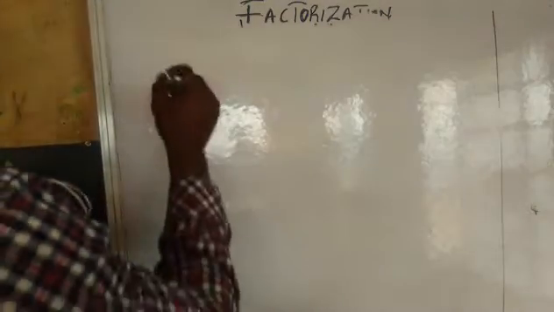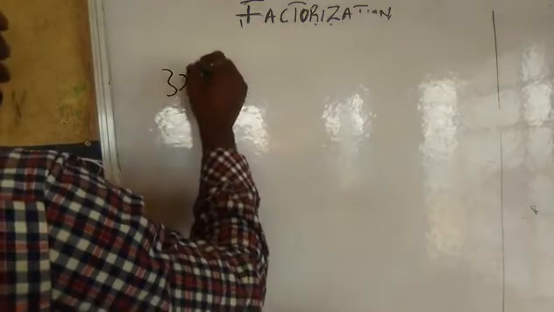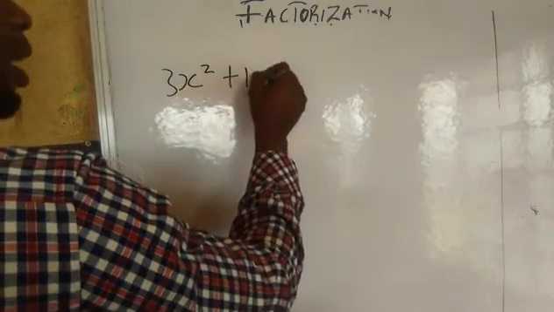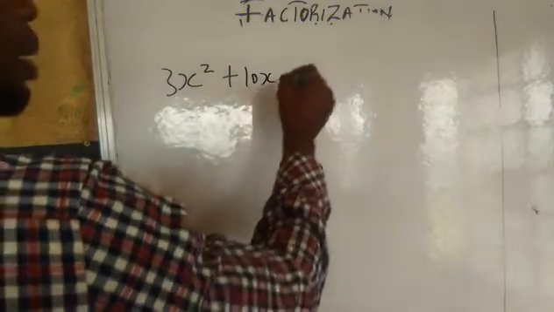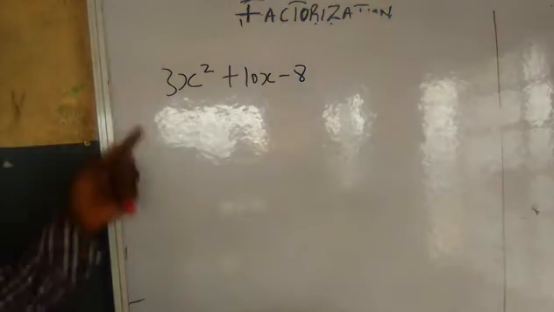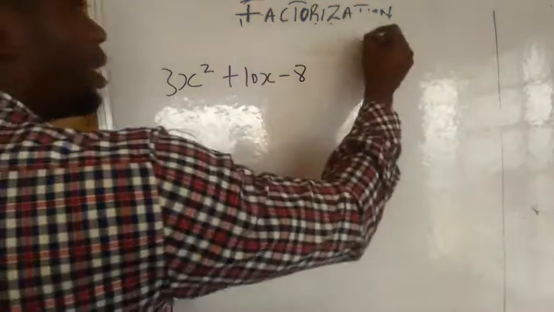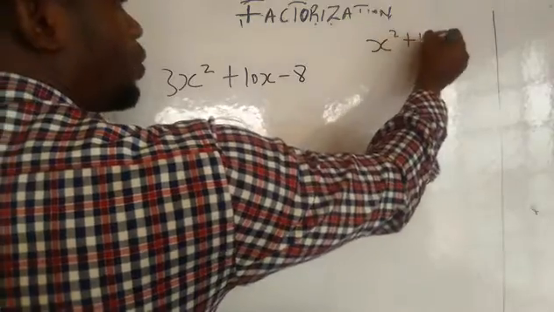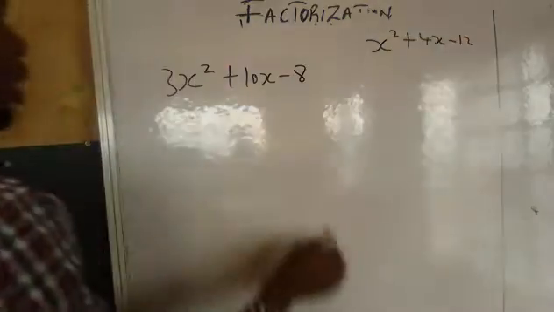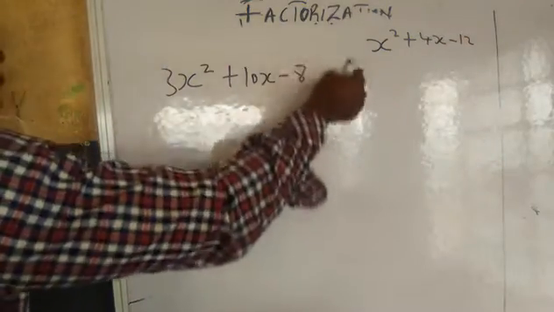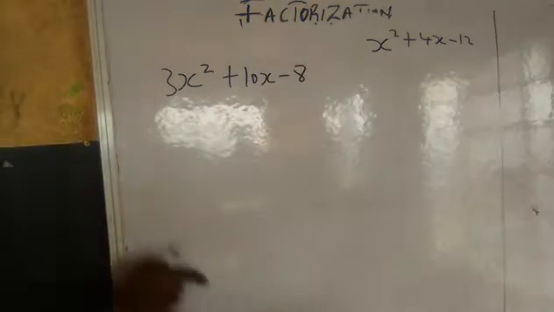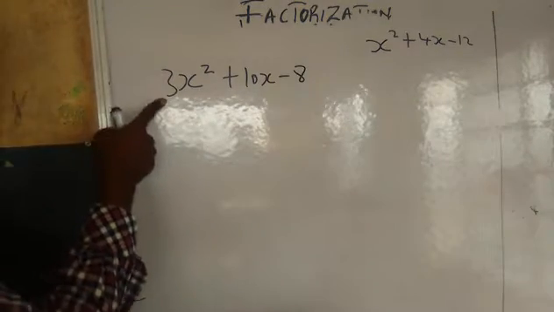Let's try this. I have 3x squared plus 10x minus 8. Now you can see the first one we did was something like this, I think x squared plus 4x minus 12. Now the coefficient here is not visible, which is 1. For here, the coefficient of this x squared is visible.